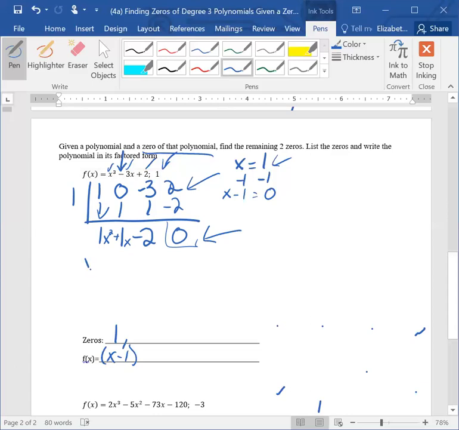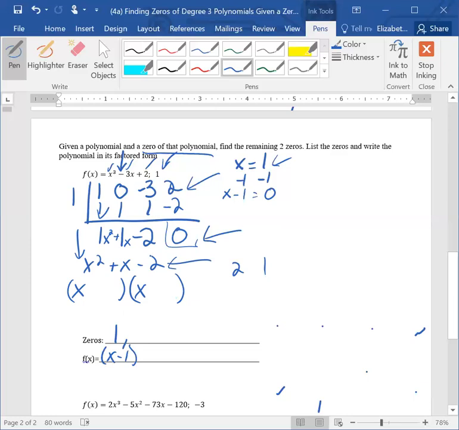All right, we need to factor this. x squared plus x minus 2. We have a leading coefficient of 1, so we can do our direct factoring shortcut method. So I know I have an x and an x. I need 2 numbers that multiply to make negative 2, but add to make positive 1. So what are the only 2 things that multiply to make 2? 2 and 1, right?